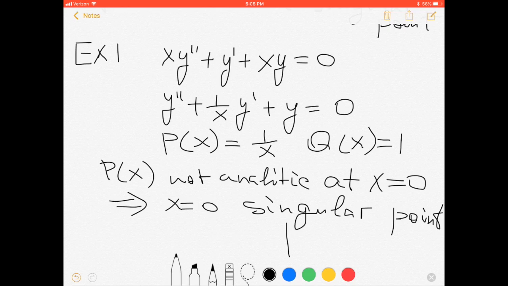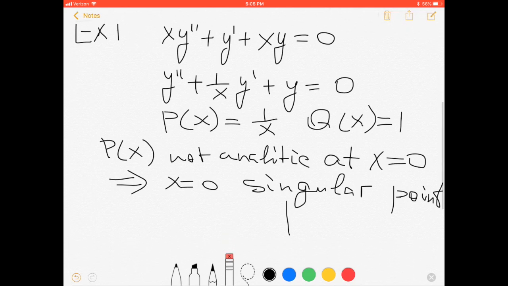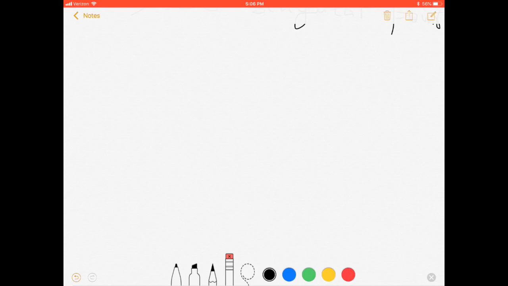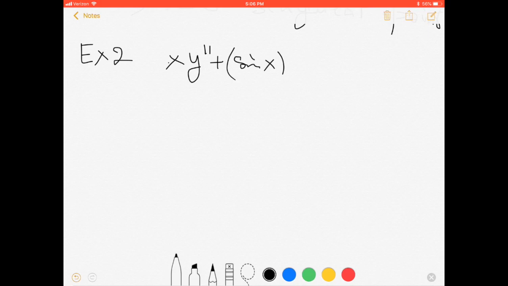Let's see the second example. Okay, example 2. Here we have x y second derivative plus sine x, I write parentheses so you can see the first derivative is not inside the sine, it's only the first derivative multiplied by sine, plus x squared y equals 0.